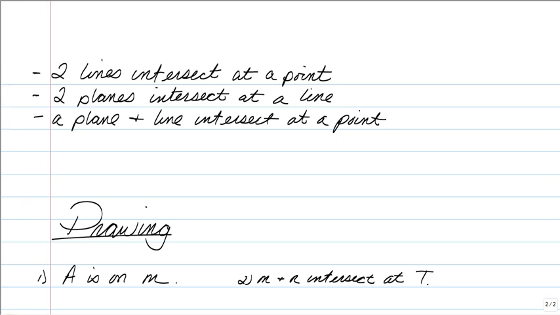So 2 lines intersect at a point. That's a true statement. All these are true statements. So we have a line, and we draw another line, and 2 lines will only intersect at 1 point. 2 planes intersect at a line. Now this is a difficult picture to draw. So if you look at the room you are sitting in, you have probably 4 walls, and you have a ceiling and a floor.